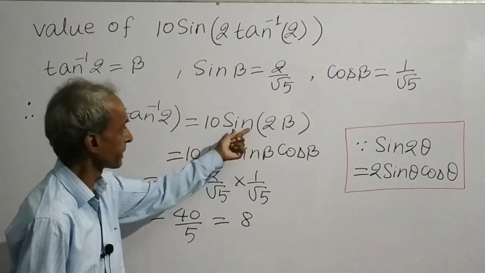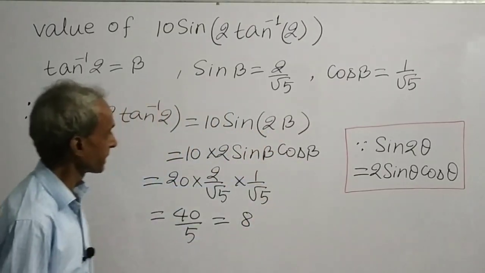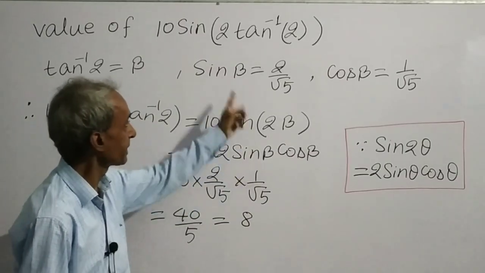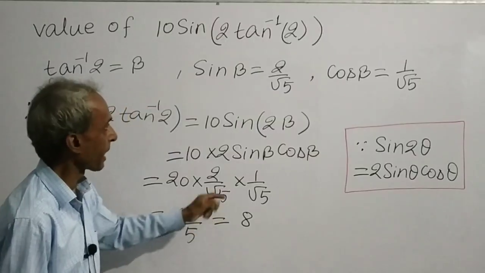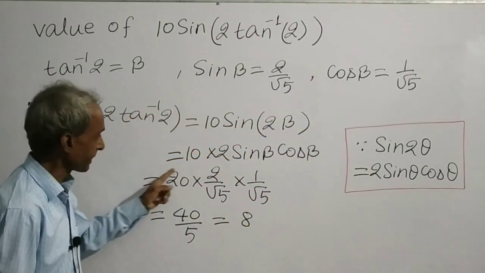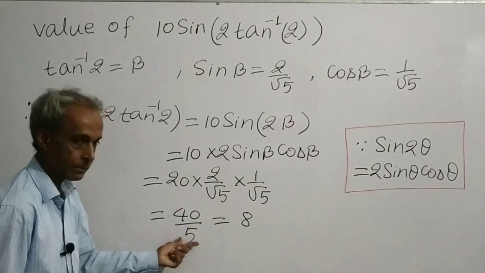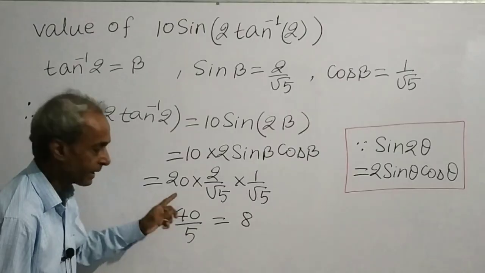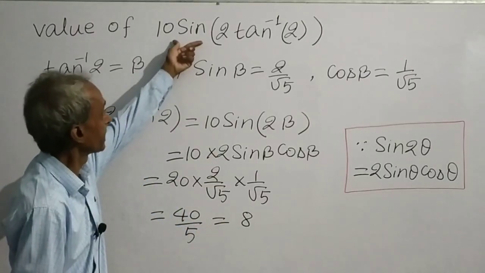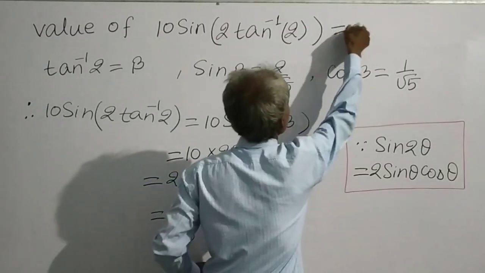Using this formula, this sin 2 beta can be written as 2 sin beta cos beta. 10 times 2 is equal to 20. Sin beta is equal to 2 by root 5. Cos beta is 1 by root 5. 20 times 2 is equal to 40. Root 5 times root 5 is 5. 5 divides 40 and gives 8. Therefore the value of this is 8.